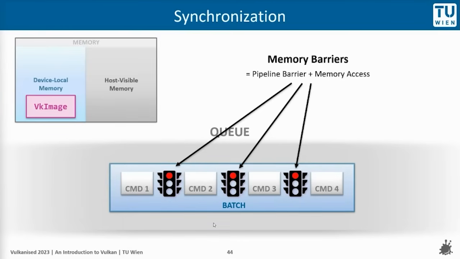Then only the access to that image is restricted, while other accesses to other resources can already happen. This would be one optimization. Another optimization would be to use multiple queues, because the commands within queues can be executed independently of each other. This is why we can use multiple queues to increase parallelism. So these are 2 options that you could use to increase parallelism.